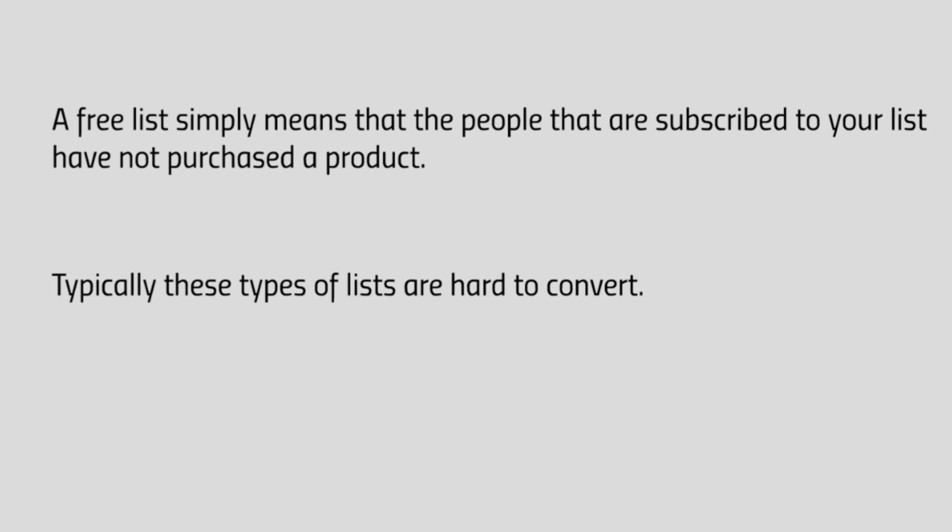Now, typically these lists are a little bit harder to convert because people do not know you. They have not really put their trust and faith in you. If somebody subscribes and they've purchased from you before, that would be more of a customer type subscriber. But we're talking about people that don't know you. They've subscribed, they've gotten something for free, and that's it.